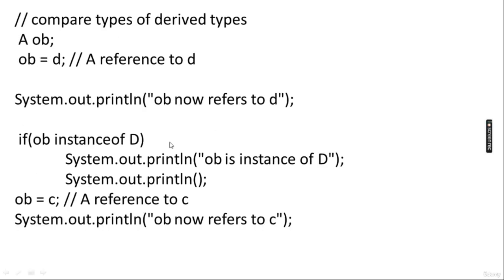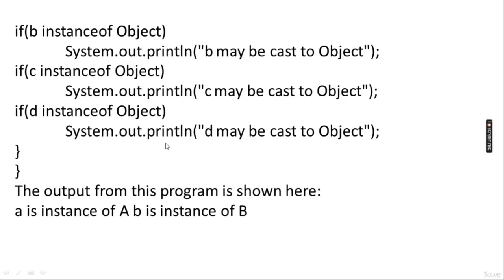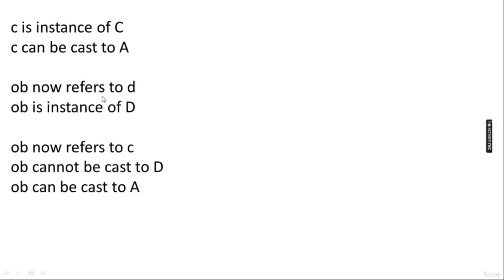If ob is instance of D, it will print "ob is instance of D".